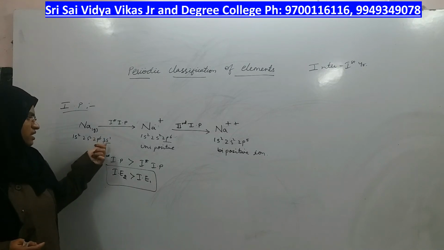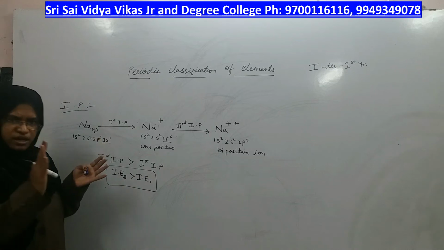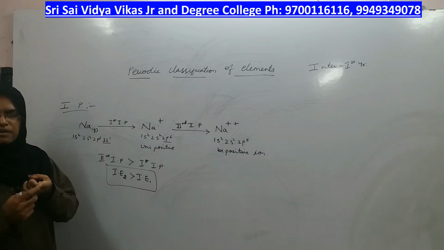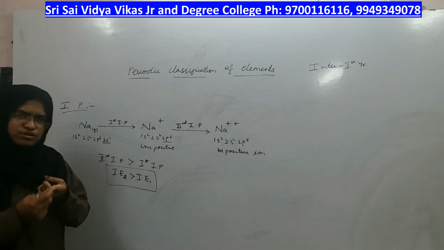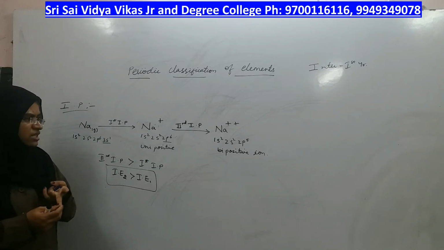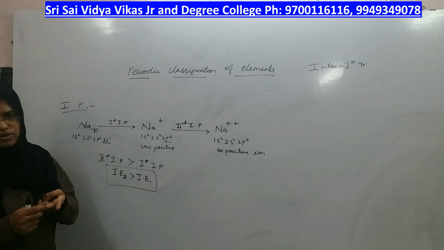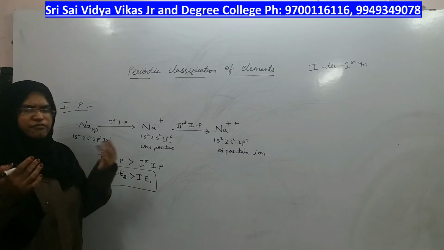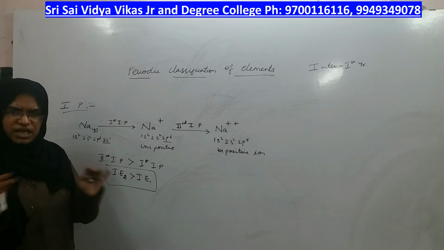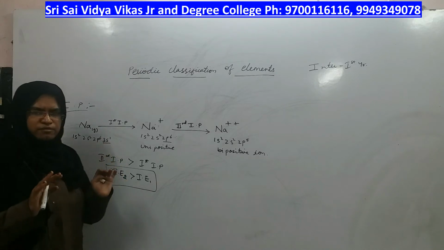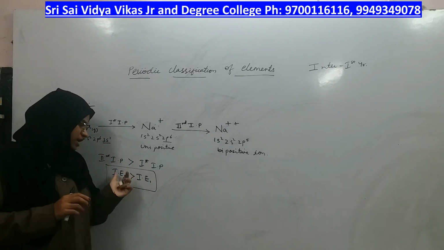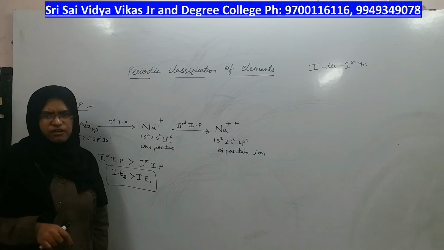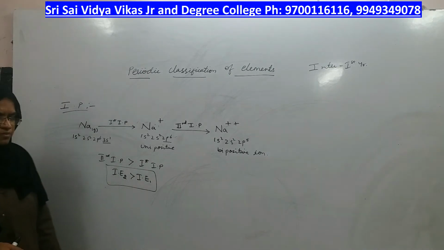One reason is the shell is going nearer and the principal quantum number is reducing, and the second reason is completely filled orbitals, right. The reasons can be even more than that. Every atom might have some other reason, but whatever the reason, the second ionization energy is always higher than the first ionization energy, right.